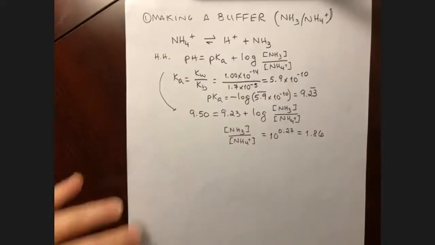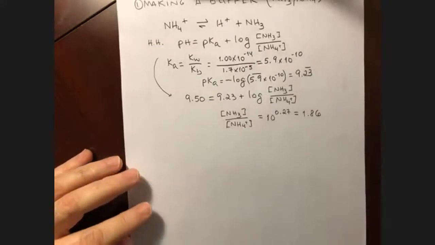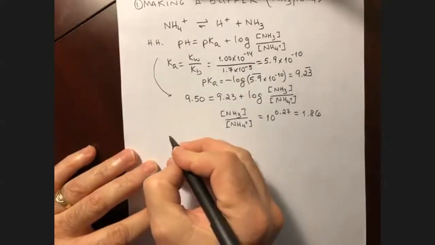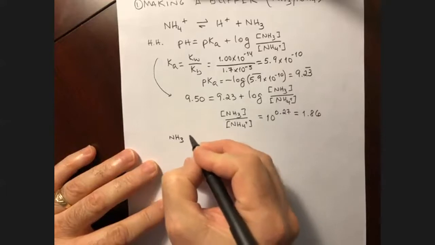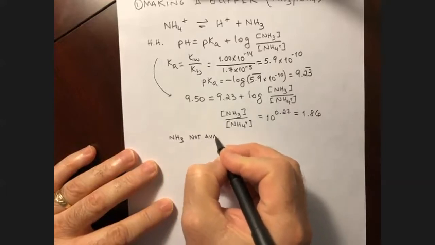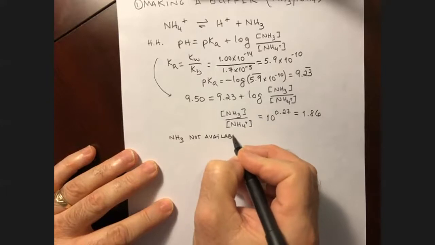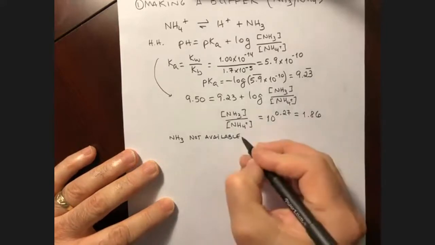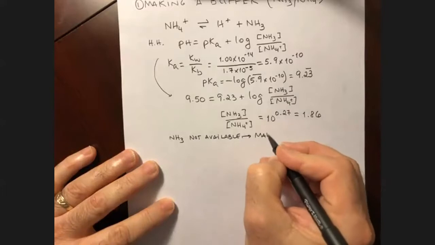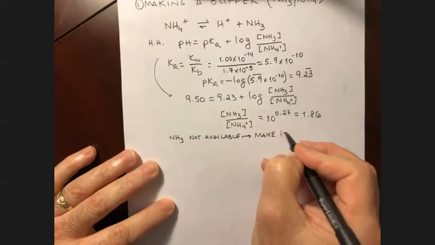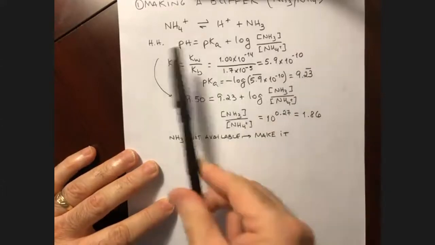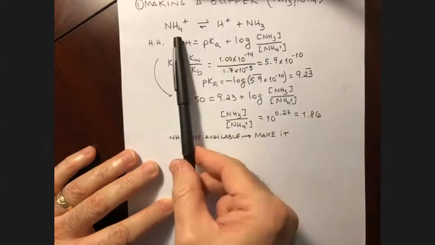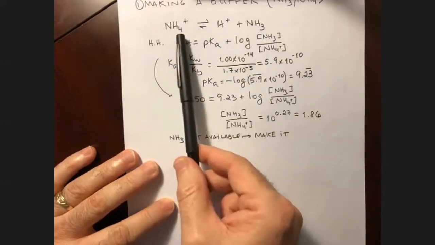So here's the problem. We don't have NH3. NH3 is not available. So what we're going to have to do is we are going to have to make it. How do I make NH3? Well, the source of it has to be ammonium ions. But how do I get them to convert?